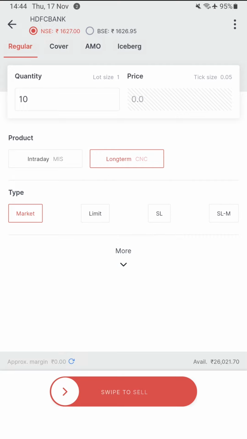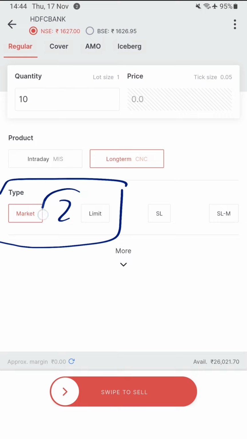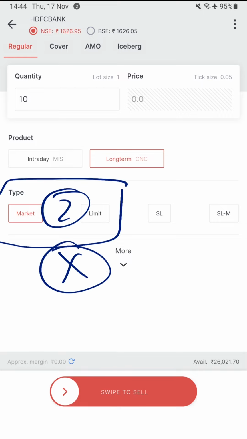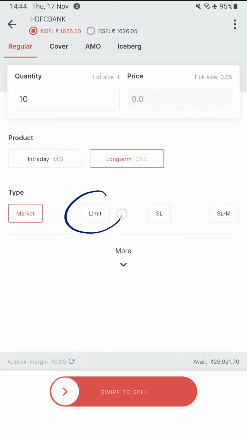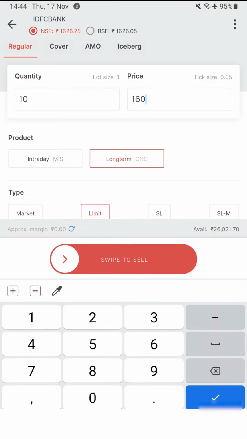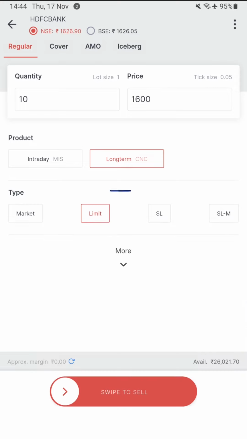Now remember, a common mistake people make over here is to use these two options which are not stop loss. Let me explain. If I use the limit option here and say, at 1600 rupees, please sell this stock for me because that's my stop loss, here is what will happen.